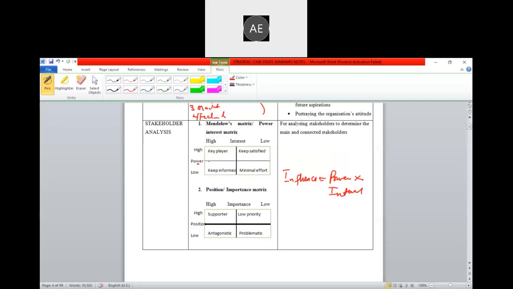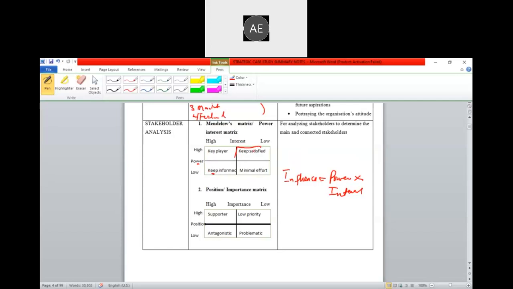But a stakeholder who has low power but high interest in a certain decision taken by the company, then that stakeholder is called keep what? Informed. A stakeholder who has high power but low interest in a certain decision undertaken by the company. So that stakeholder can change things.